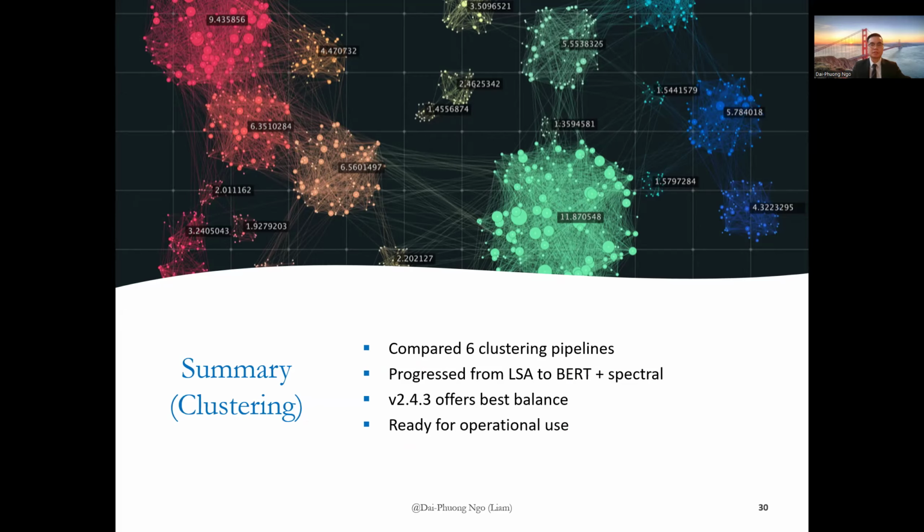Among all versions, version 2.4.3 stands out as the best balance between semantic coherence, tag alignment, scalability, and full coverage. While no unsupervised clustering is perfect, this version produces clusters that are explainable and practically useful. From an operational standpoint, it is the version I would be most comfortable deploying as the backbone of a medical question taxonomy.